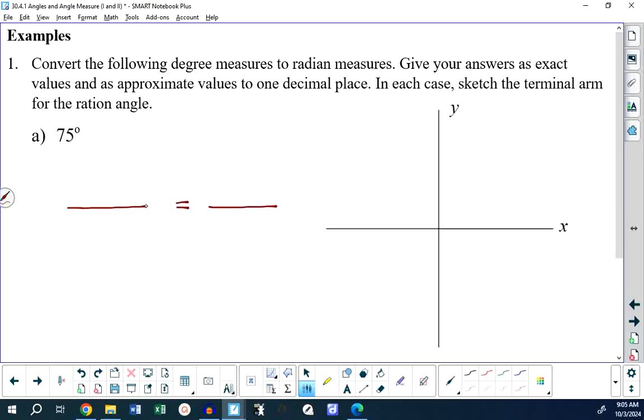We're going to use the concept of a ratio here. We know that pi radians is the same as 180 degrees. So the ratio of the radians to degrees always has to be the same. If I have half as many radians, I have to have half as many degrees. So all I'm going to do is solve that equation.